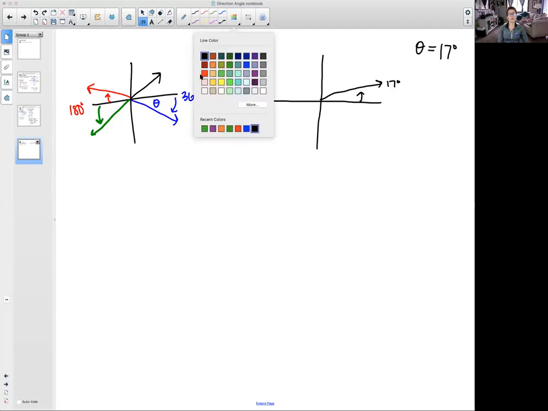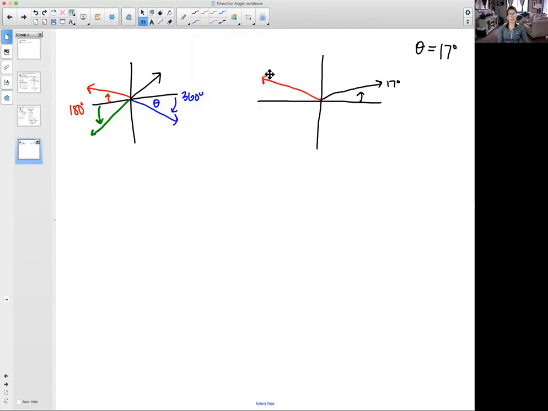If you are in the second quadrant, then this angle here is 17 degrees, but the angle of the actual vector is 180 minus 17, or 163 degrees.